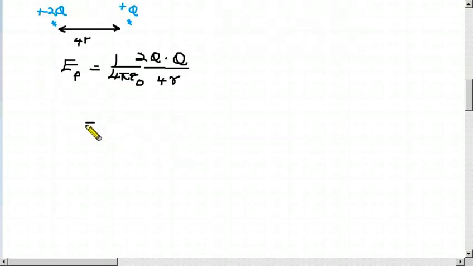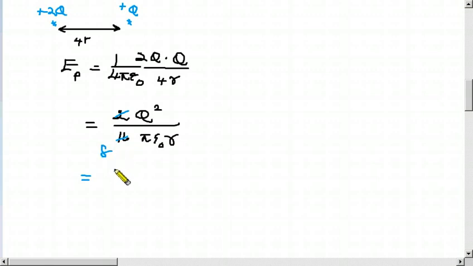So we get 2q squared over 4 times 4 is 16 pi epsilon naught r. Then we can simplify. 2 cancels, then here 8, so q squared divided by 8 pi epsilon naught r. So this is the final answer.